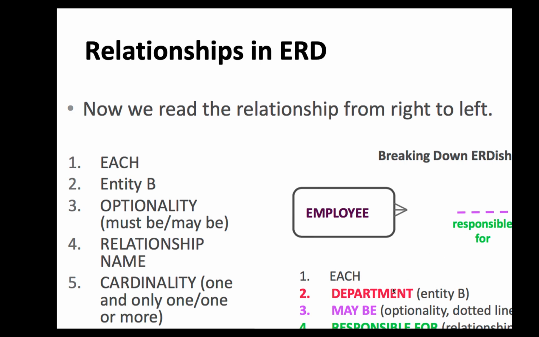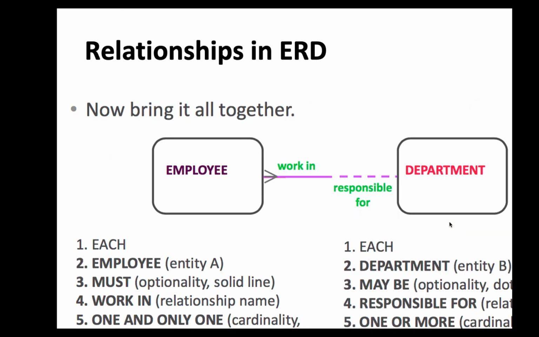This one or more means many. Many means one or more. So that crow's foot is here. When I join this, I will get the same thing that we were seeing. Any question? Okay.